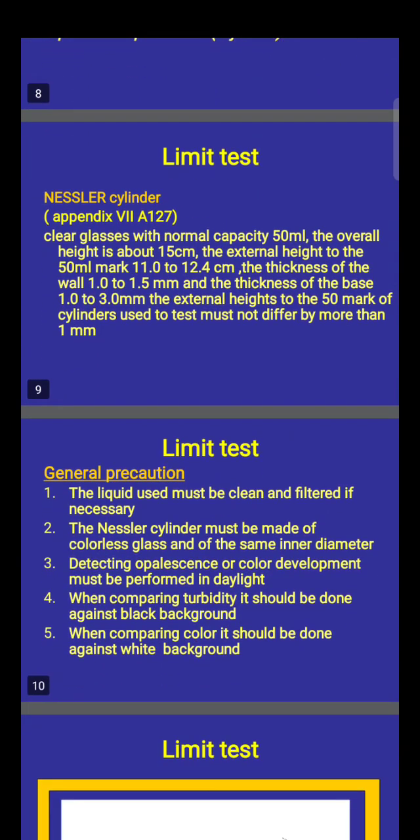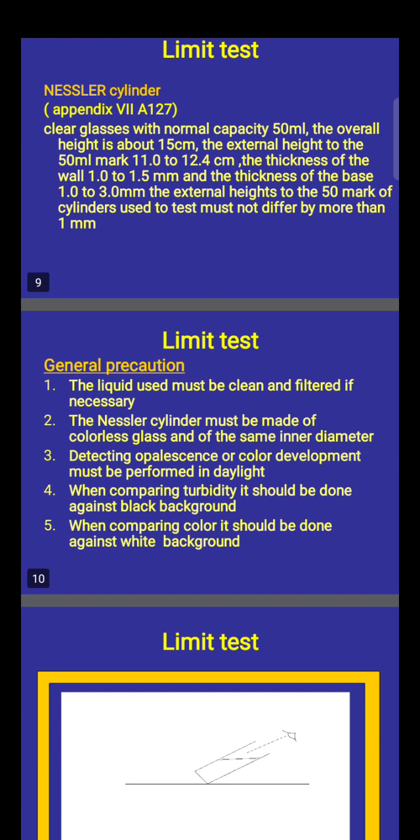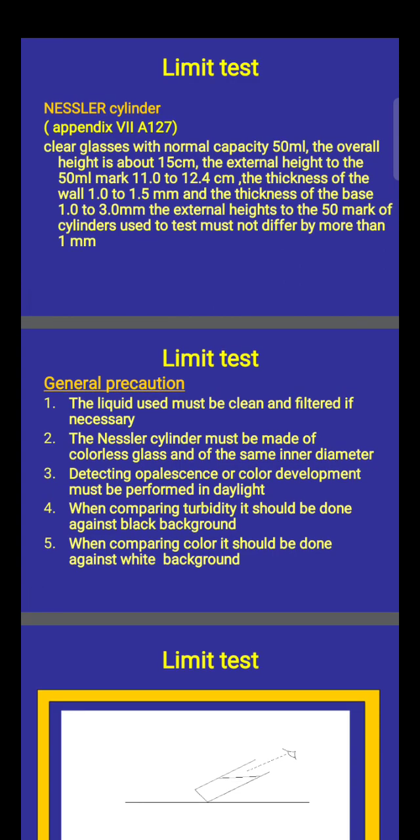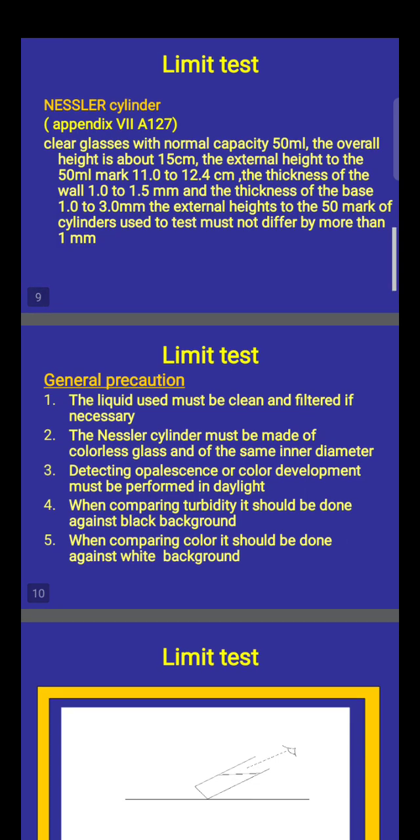Then we will see the diagram of the Nessler cylinder. The Nessler cylinder is the apparatus required to carry out the limit test. It is made of clear glass with a normal capacity of 50 ml, and an overall height of about 15 cm.